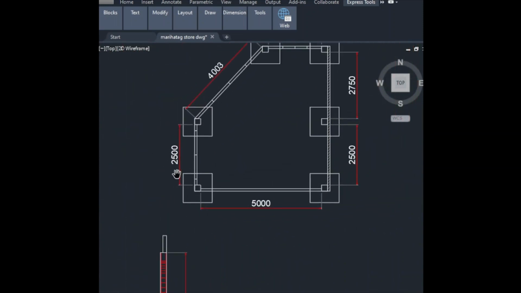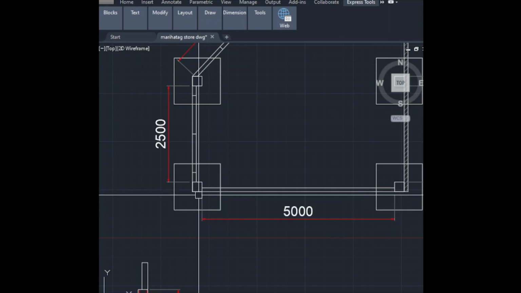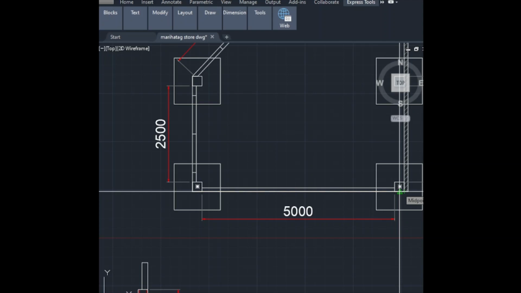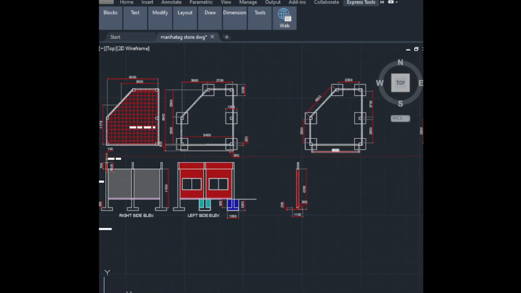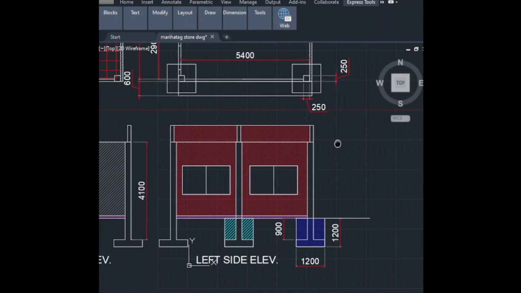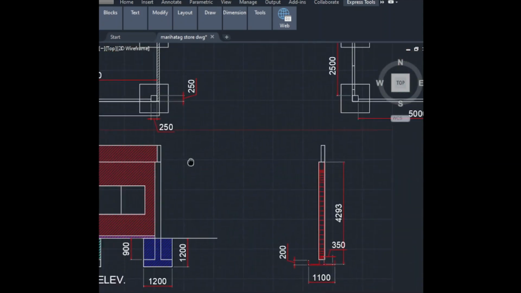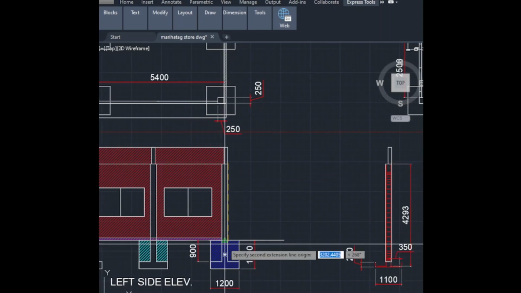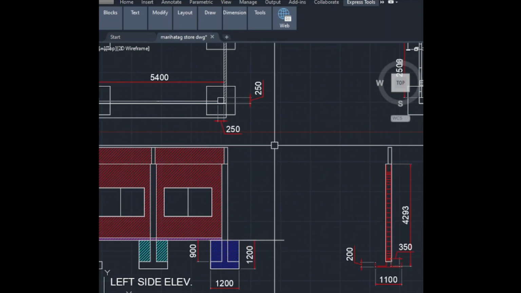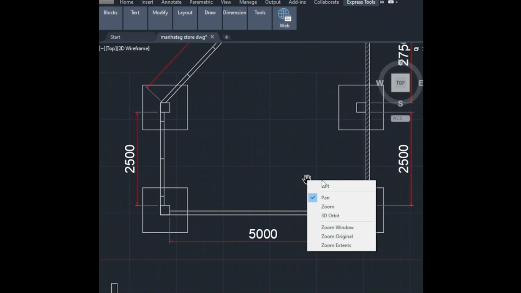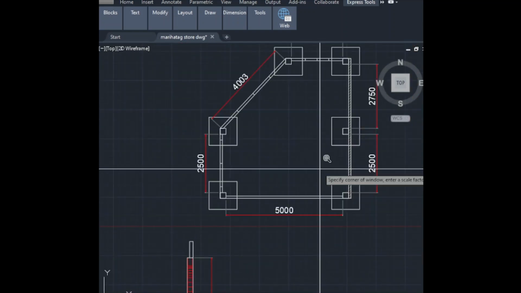For the beam, we will just measure it in the center. Wait, we consider the column as 4.1, so we will not include anymore the sizes of the column.